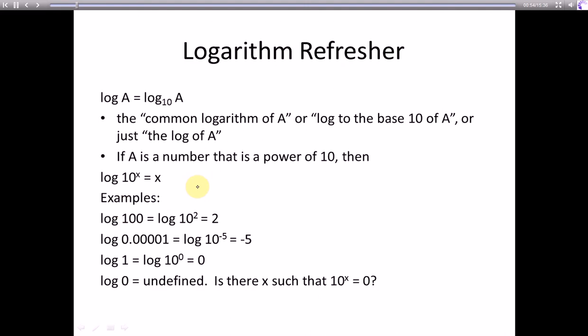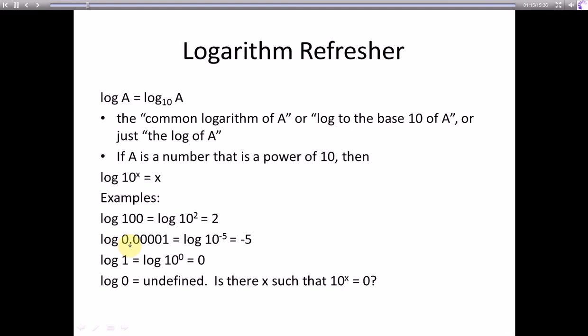In these examples, you see how that works. You have the log of 100, and 100 is a power of 10. It's 10 to the second power. And the log simply returns the power on the 10. So we have log of 10 raised to the second power is just simply 2.